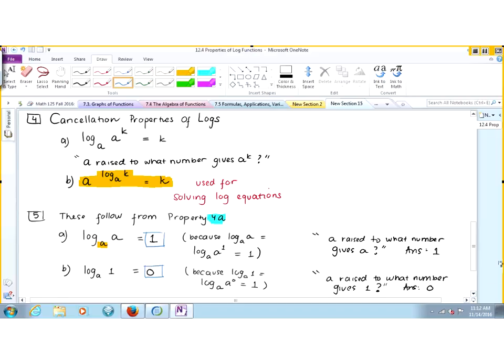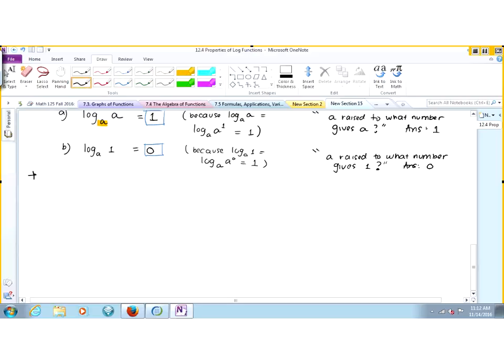Using the properties together, express in terms of individual logs of W, X, Y, Z. So you cannot have the power.